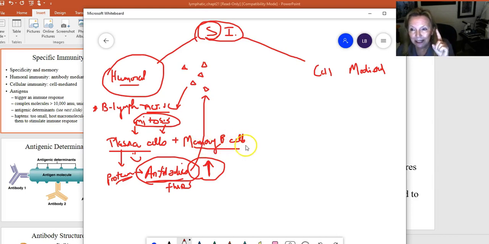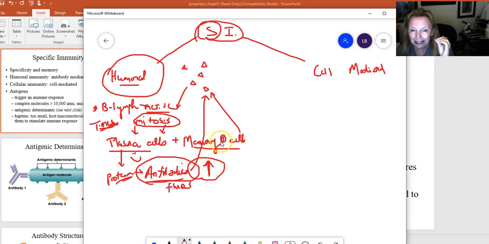And these memory B cells, if they ever encounter these particular antigens again, even if it's 20 years later, if this thing shows up again, these memory B cells won't have to take any time. The first time takes a little bit of time, and that's why you end up getting signs and symptoms of disease at first. But these memory B cells won't need it the next time.